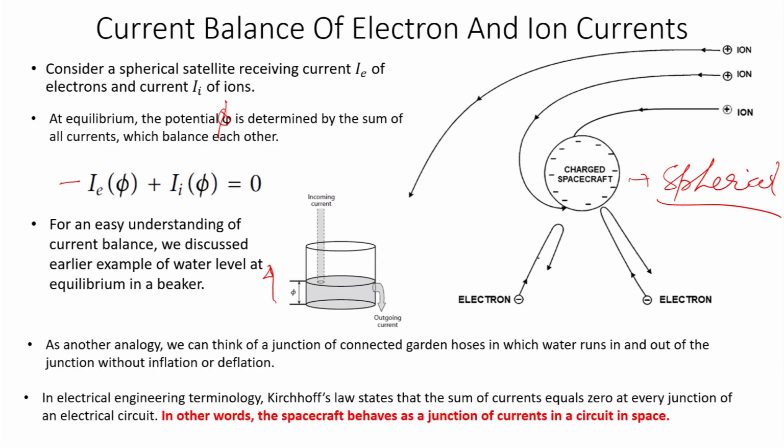I can assume the spacecraft itself is like a circuit or a junction. That will come at a later stage when we explain the equivalent circuit and how to calculate the currents and the potential by circuit theory. Now, we will consider whatever current components we discussed: the secondary emission, backscattered electrons, and all those things.